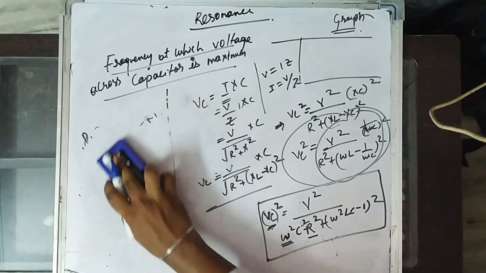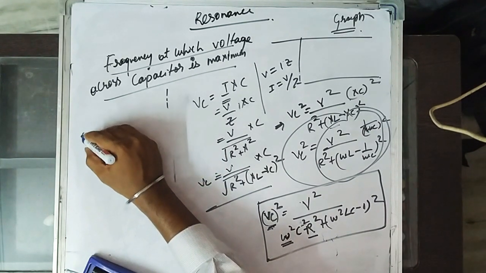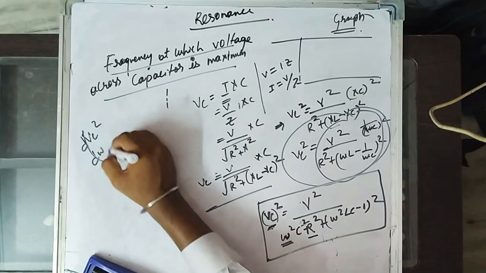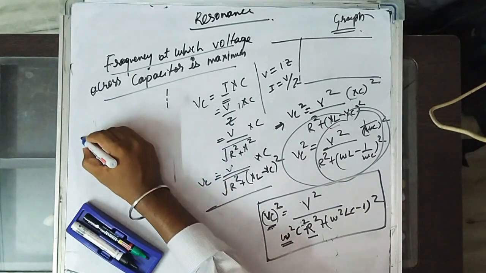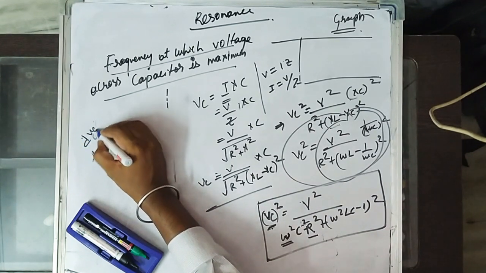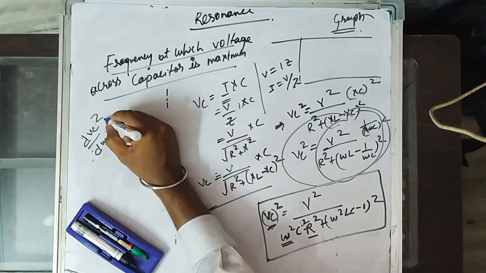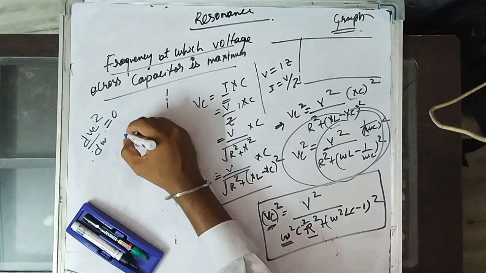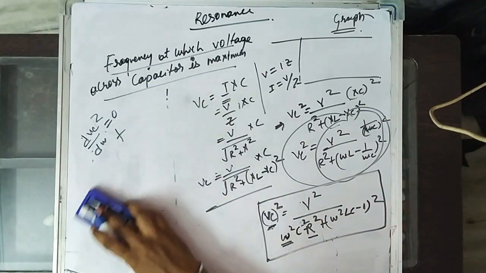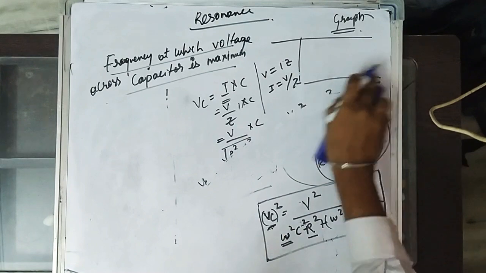Similarly here, we take d by d omega of Vc square and equate it to 0, and we will get that frequency. So we will do that now. You have Vc square equal to what?